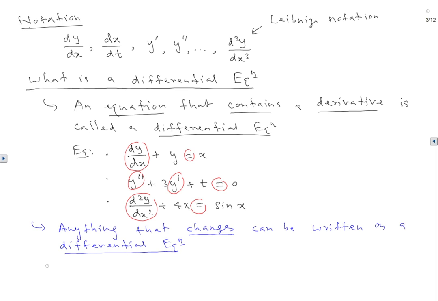And then the highest derivative that appears is called the order of the differential equation.